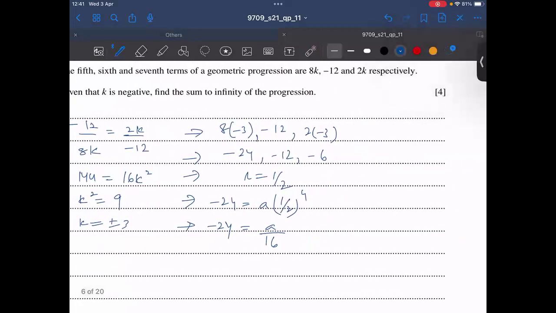Iman, so what is going to be the value of A? 24 times 16 is how much? Minus 384. So now you can find out the sum to infinity, that is minus 384 divided by 1 minus half.